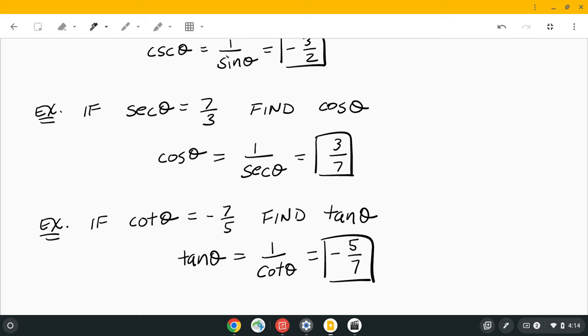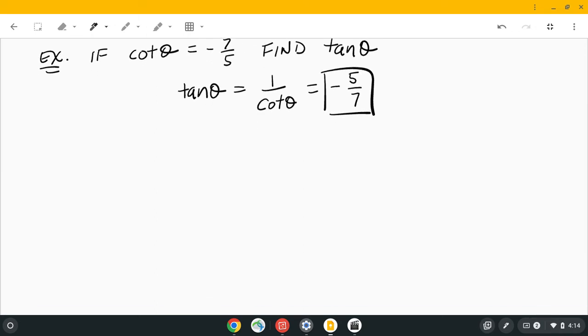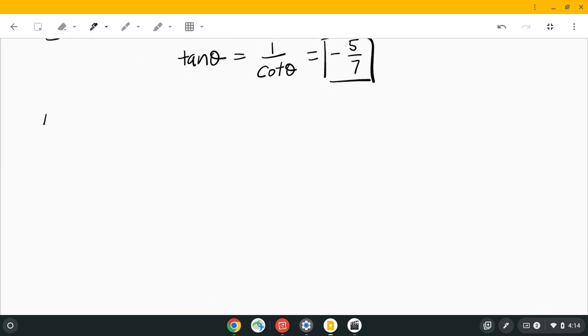Let's take a look at the ratio identities. We have two of them, one for tangent and one for cotangent.